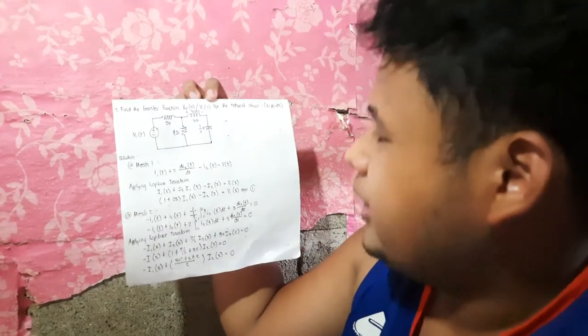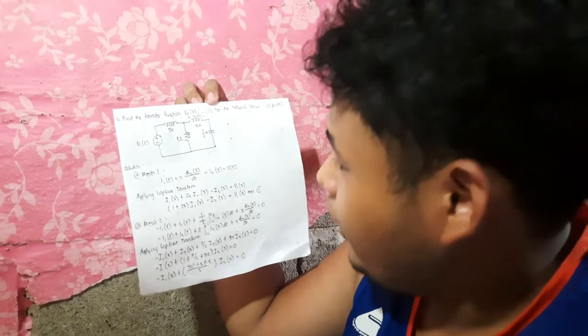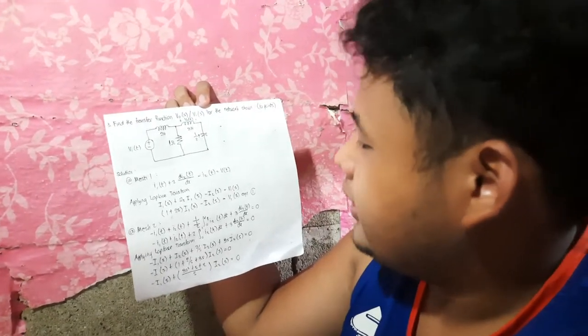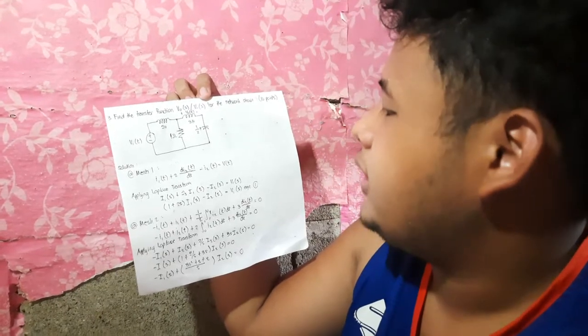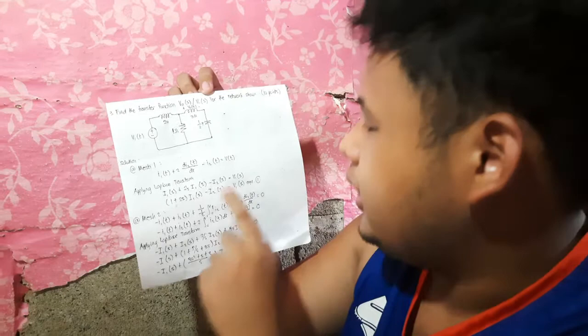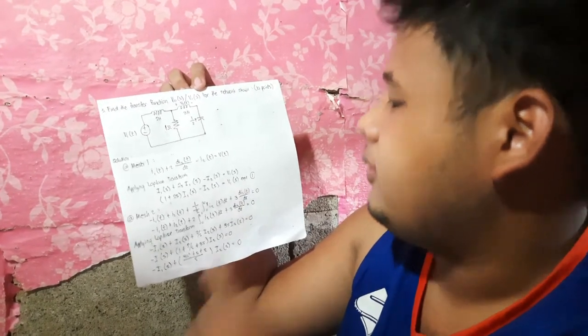So at mesh 1, we get i_1(t) plus 2 di_1(t)/dt minus i_2(t) is equal to v_1(t).